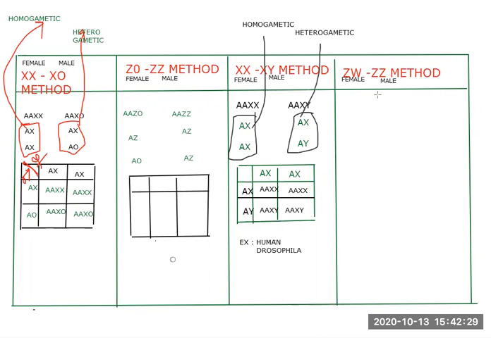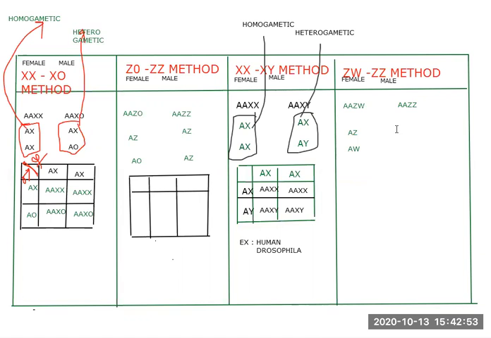Let's start here also. Then after, we'll fill that. Tell me: AAZW. What is that? AAZW. Male or female? Female. AAZZ. Okay, next. Gametes: AZ, AW. So, who is heterogametic?